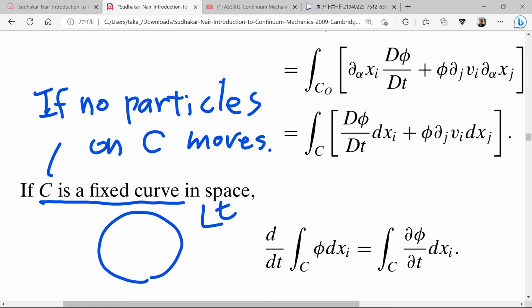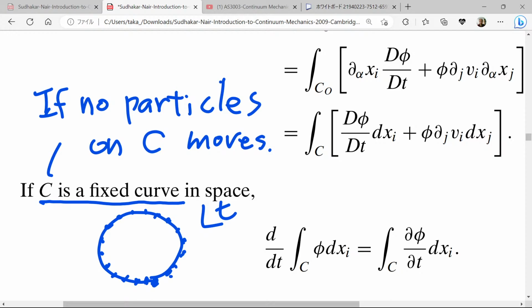There are an infinite number of particles on this contour, but all particles on this contour don't move. No particles move. They stay still. They stay at the same place, same position.